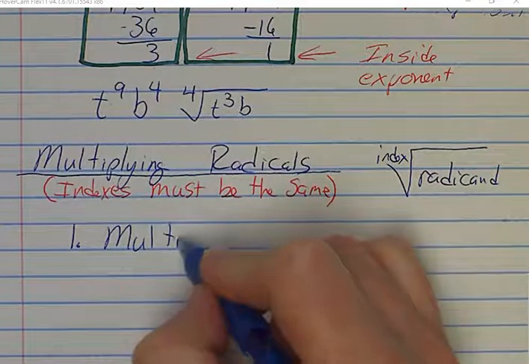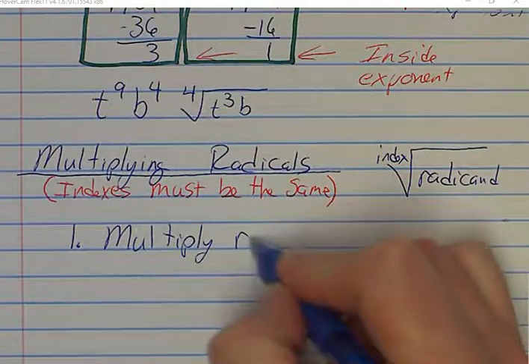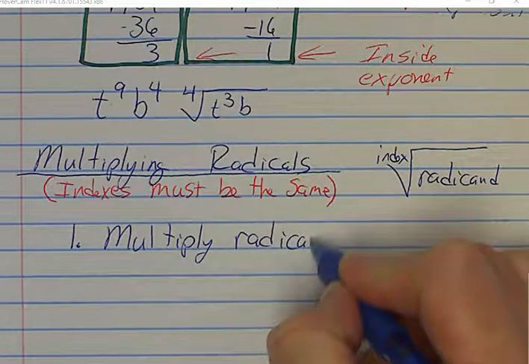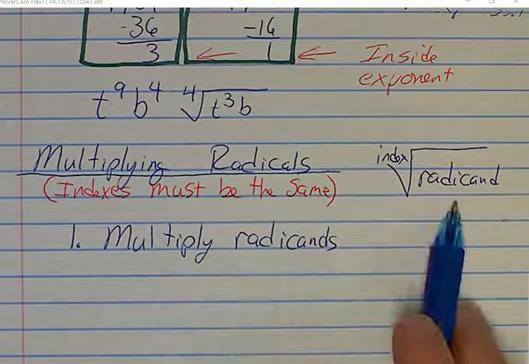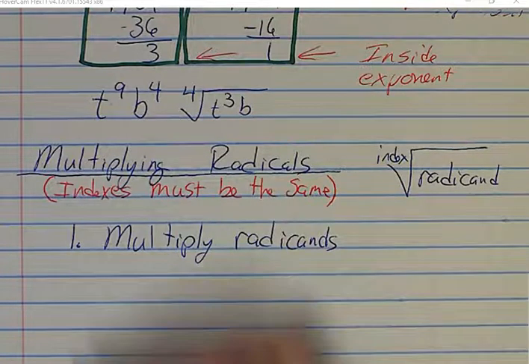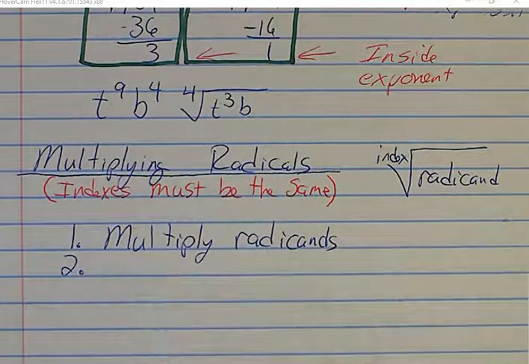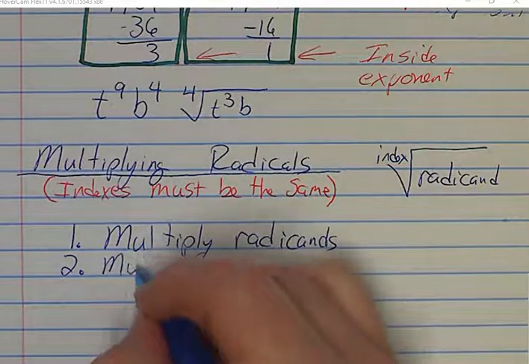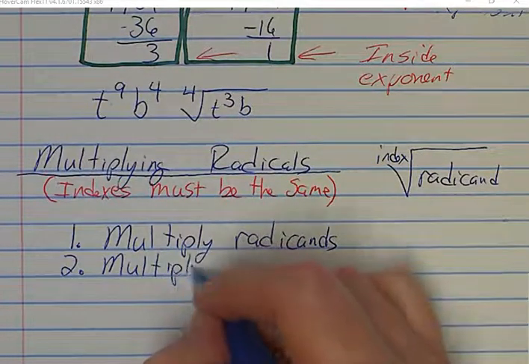First thing is you're going to multiply the radicands. Again, the radicands are the numbers that are on the inside of the radical. Second thing you're going to do is, if there happen to be some coefficients in front of the radicand, multiply those. So we're going to multiply the coefficients.